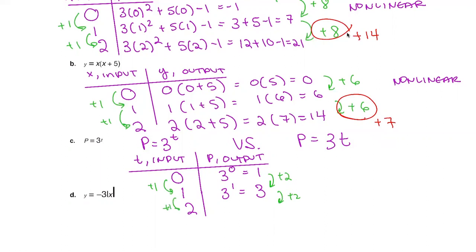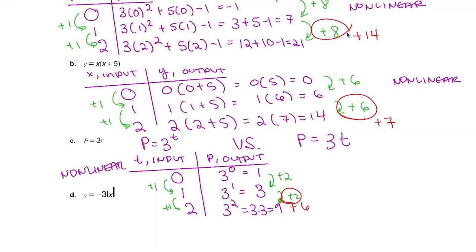Well, let's see what happens. 3 to the second power is the same as 3 times 3, which is 9, which is adding 6, not adding 2. So this is nonlinear because the inputs and outputs did not have consistent distances.